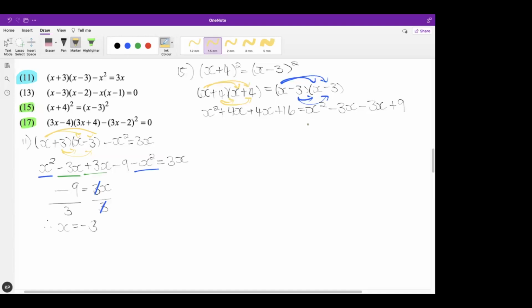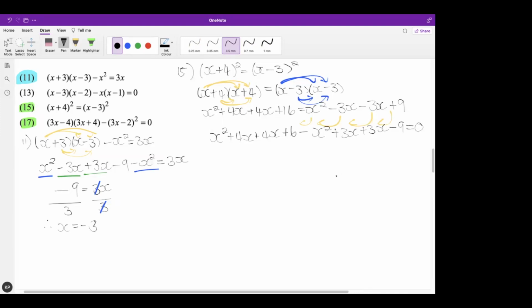Here's what I suggest. Take everything over to one side. So then I'm going to end up with x squared plus 4x plus 4x plus 16. Okay. X squared is going to go over, so it's going to become minus x squared. These two are going to be plus 3x plus 3x. And then positive 9 is going to go over and become minus 9.